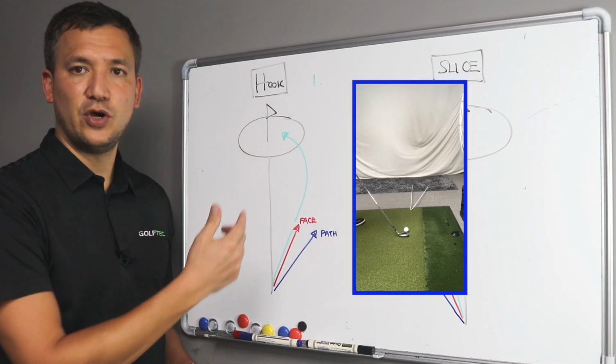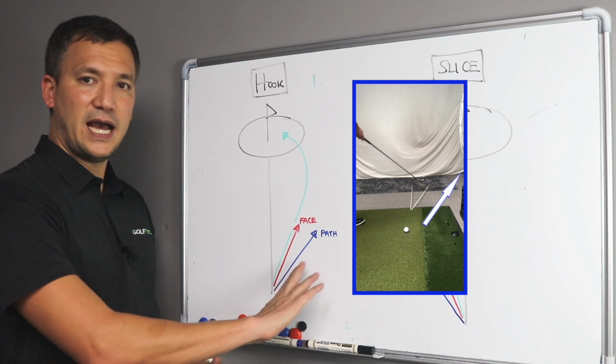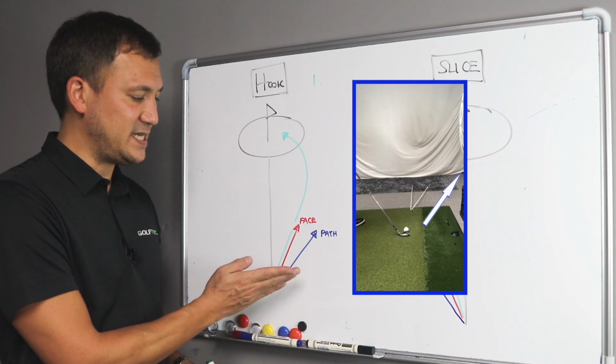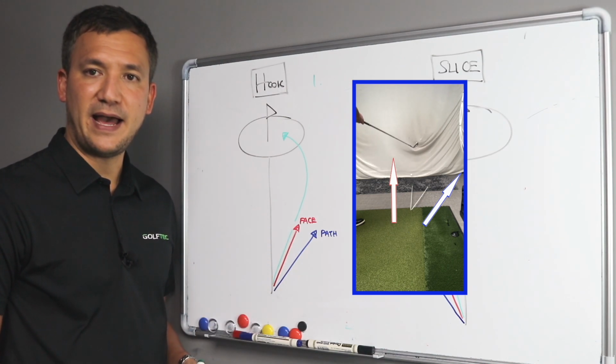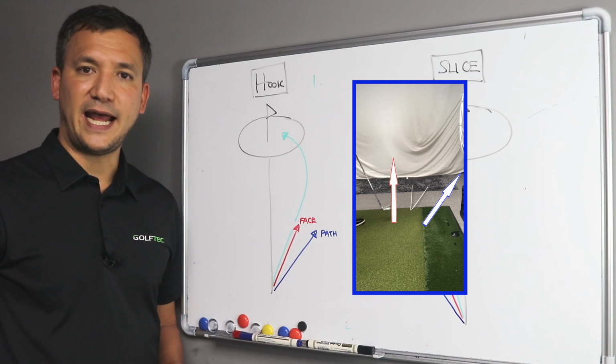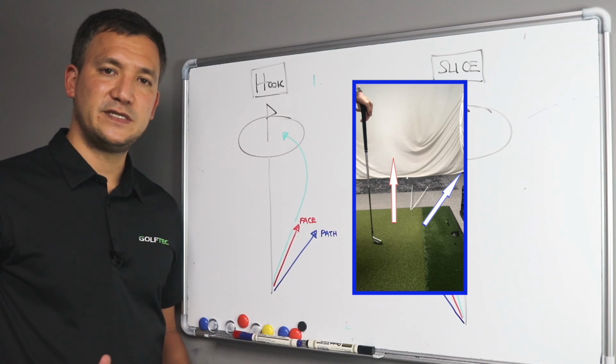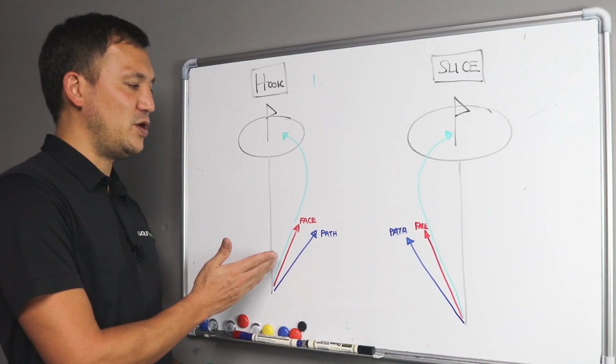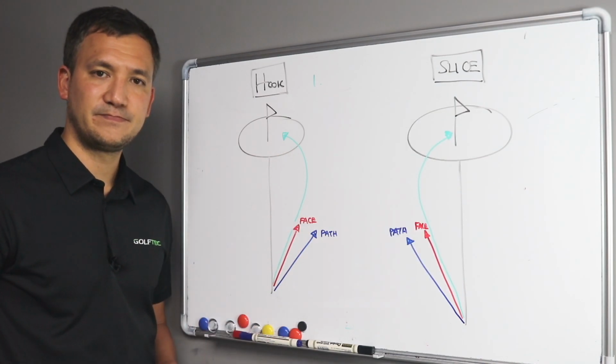Conversely, a player hooking the ball would have a path out to the right with a club face that is slightly shut to that path, thus resulting in an axis tilt of the ball to the left and a curve of the ball from right to left.